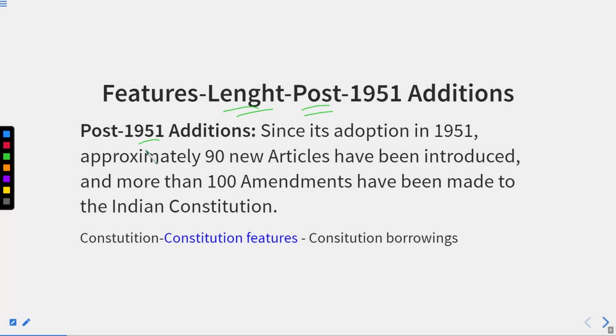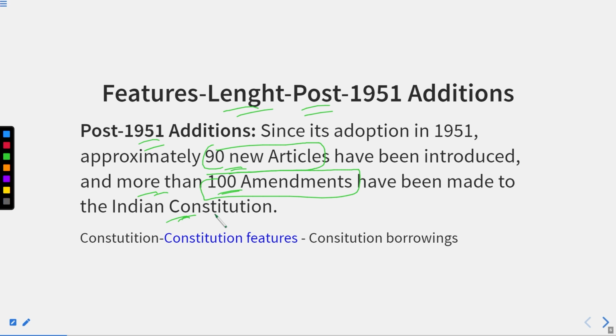All right. So post 1950 additions: since its adoption, approximately 19 new articles have been introduced and more than 100 amendments have been made to the Indian Constitution. Why?